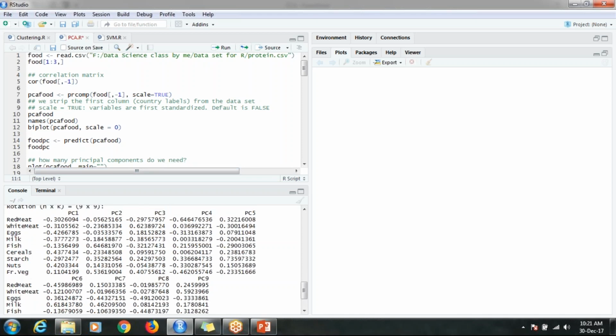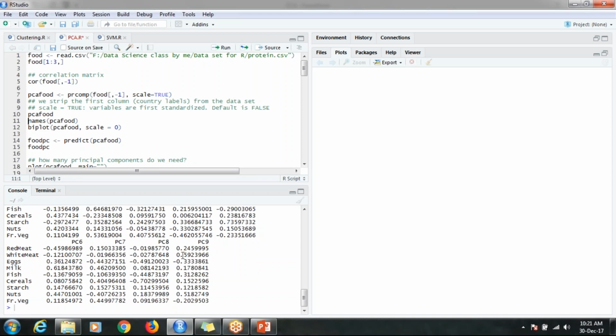So here I have the principal components of all my variables. Principal component 1 will hold the maximum value, and these are the eigenvalues that we have seen, the loading factors for 1, 2 and so on. And for 9 variables, we have 9 principal components.